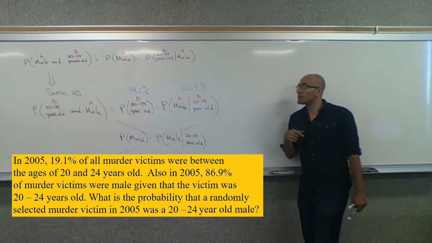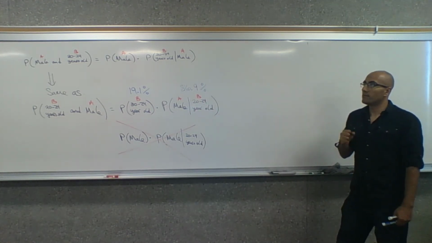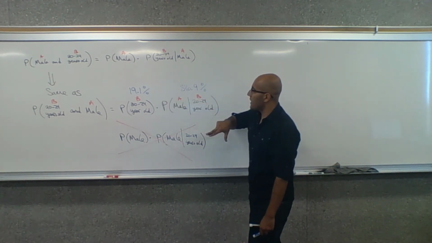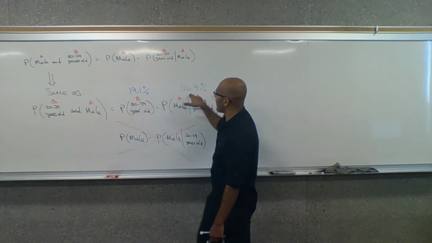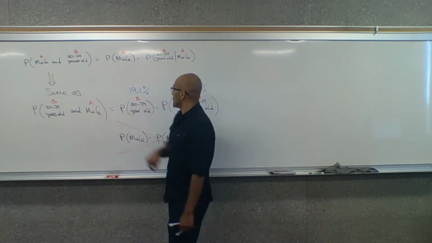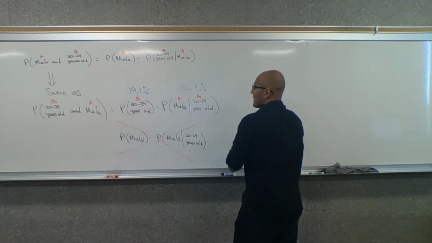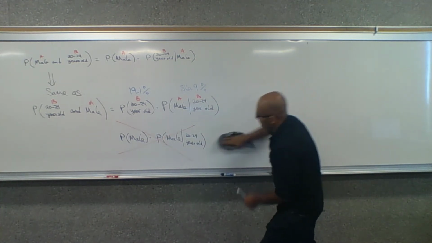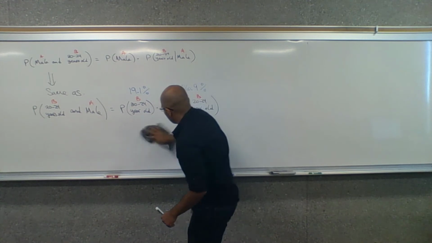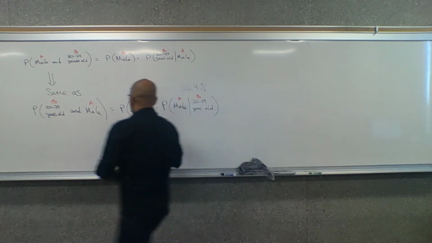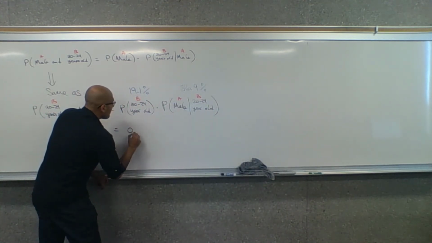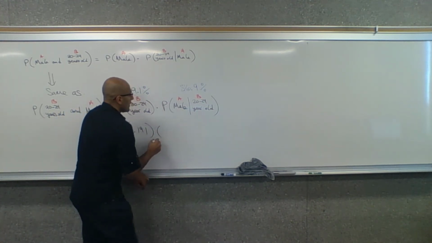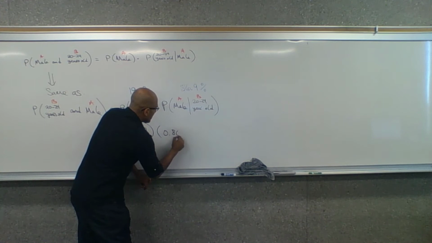Questions? No? Okay. So that means that if we multiply these two things together, we'll get that one. So let's go back over here. So then I can say that the probability, let me erase this thing. So this is going to be equal to 0.191 times 0.869.